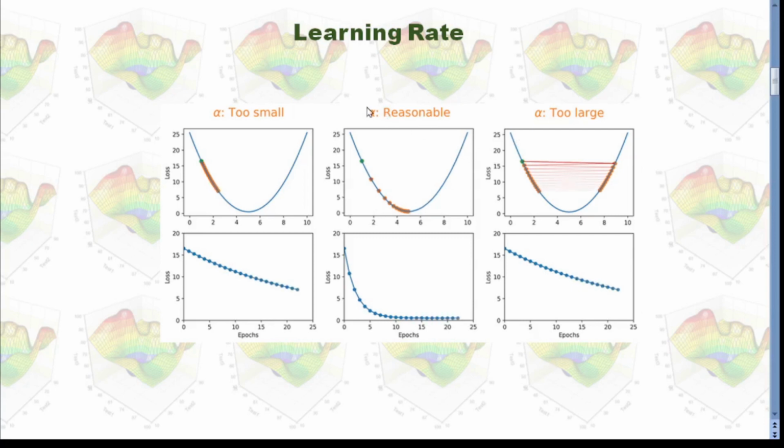With a reasonable learning rate, it should adjust our model like this, going towards the lower loss 1 time, 2 times, 3 times, and then eventually get here. I will show you how it works with the model in Python code later.